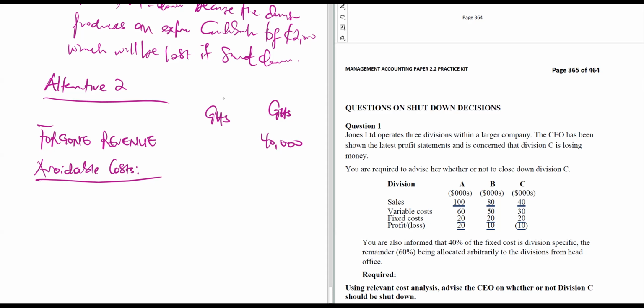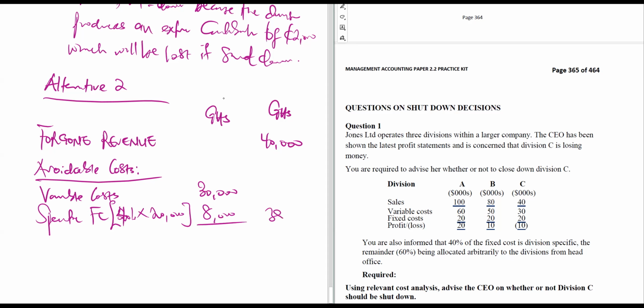If I shut down, I'm going to avoid the variable cost of 30,000, right? I'm also going to avoid the specific fixed costs, which was 40% of the 20,000, which was 8,000.